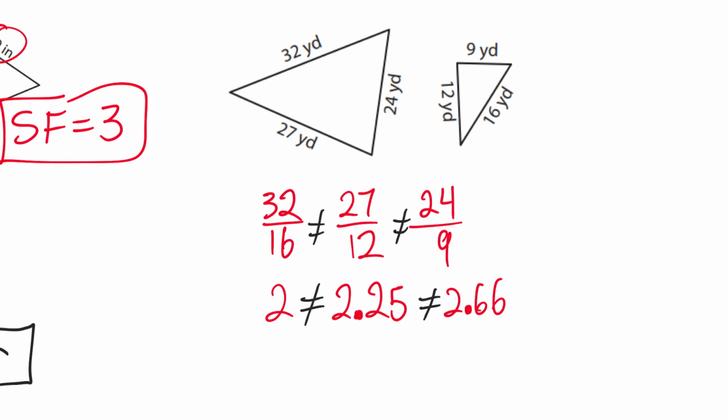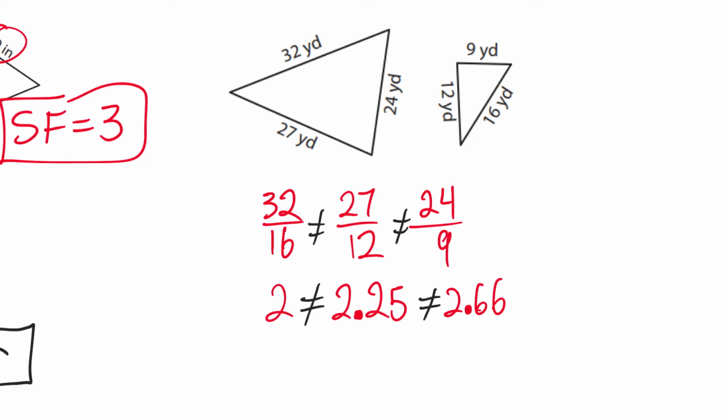So what that tells me is that this side does not relate to this side in the same way that this side relates to this side. So what that tells me, as this was being scaled down, to go from 32 to 16, it scaled down by half, okay, by 2. And the 27 to the 12 did not scale by 2 or 1/2.